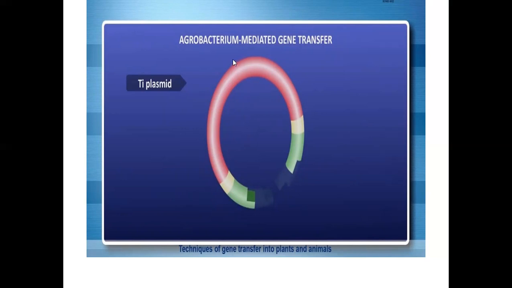So this type of gene transfer technique is also called Agrobacterium mediated gene transfer. The biological gene transfer method is also called the indirect gene transfer method or vector mediated gene transfer method.